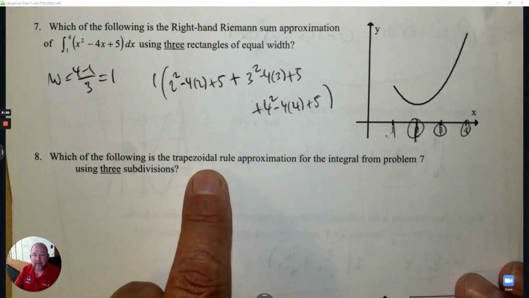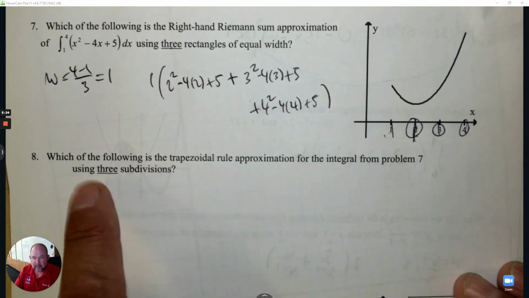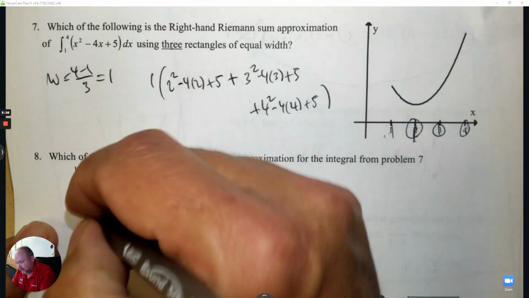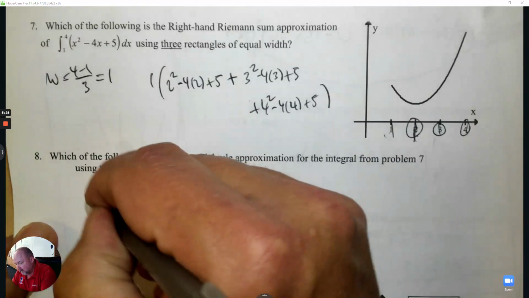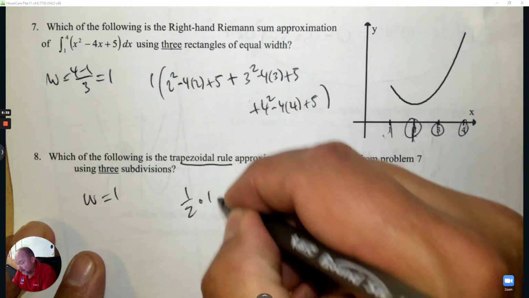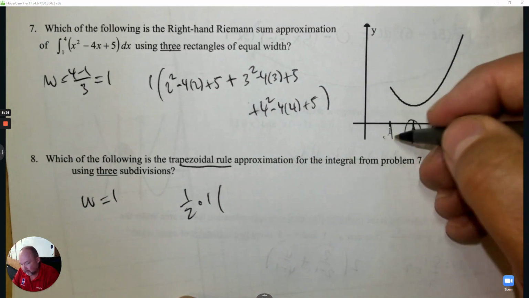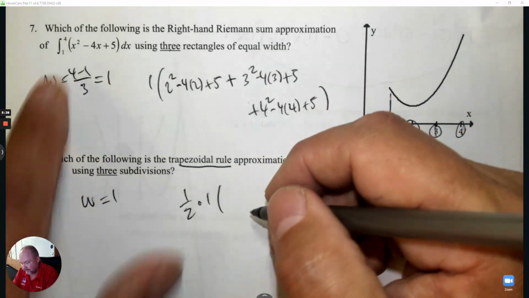All right, which of the following trapezoidal, using the same one from up here, the trapezoidal rule, using 3. So same width, same work, but the trapezoidal rule starts with 1/2 times the width. And then I got to use all the heights for each trapezoid. So the first height is 1.